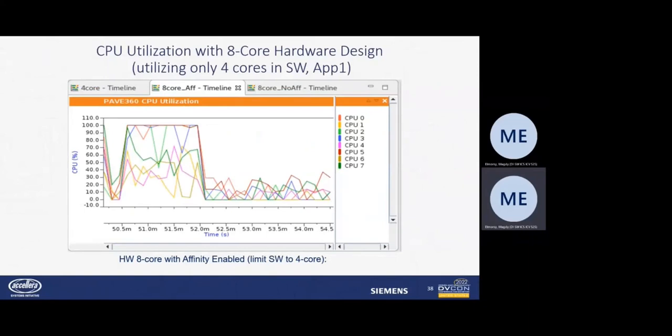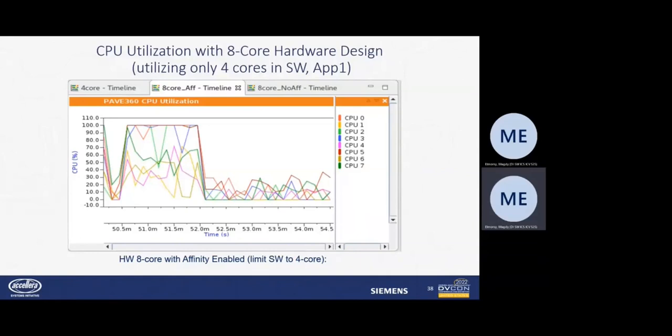Now, because it uses only 4 cores, the skipping rate increases again, and the application finishes early again because it skipped a lot of images, and the utilization now dropped. The average utilization dropped because it is not using the 8 cores simultaneously, which is very interesting.